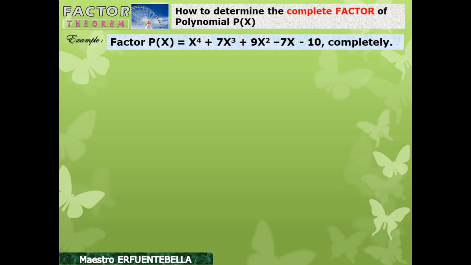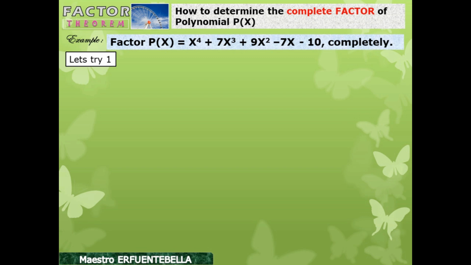It is negative 10 itself and positive 10, 1 and negative 1, 2 and negative 2, and 5 and negative 5. So let's just try 1, 2, 5, and 10.